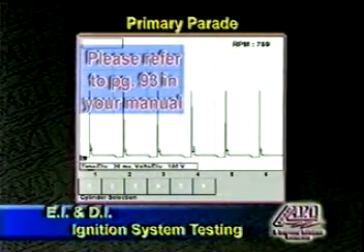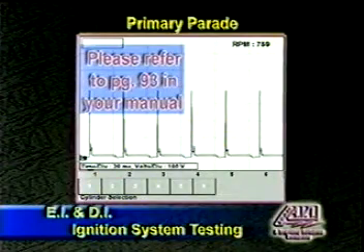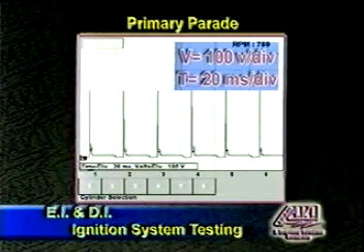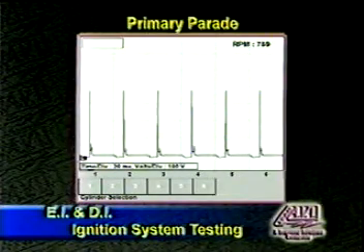Okay, let's look at a primary parade pattern. What we're doing here, obviously, is back probing the primary coil negative terminal. And we will prove to you that, remember, any secondary misfire will in fact be mirrored in the primary pattern. If you look at the screen right now, you'll notice that at 100 volts per division, we're looking at about a 350, 375 volt primary inductive kick.